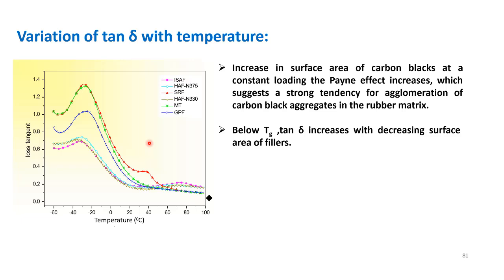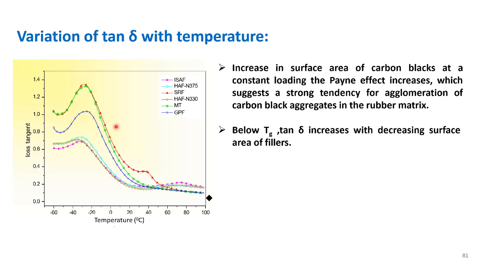The second case is the carbon black effect on chlorobutyl vulcanizates. Here we are trying to check the property of the sample with increasing particle size. With decreasing size, the agglomeration will increase in the rubber, and that will cause an increase in the glass transition temperature.